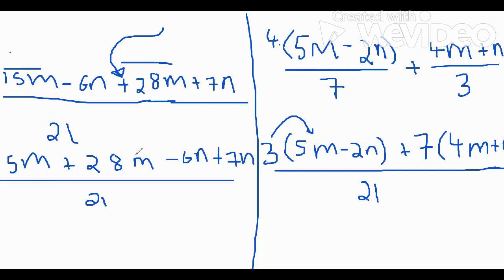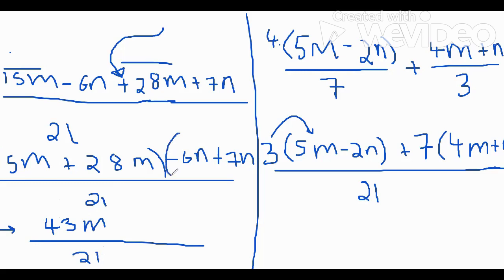What is 15 plus 28? 43m. So it's 43m over 21. What about this over here? What's that? Positive 11.